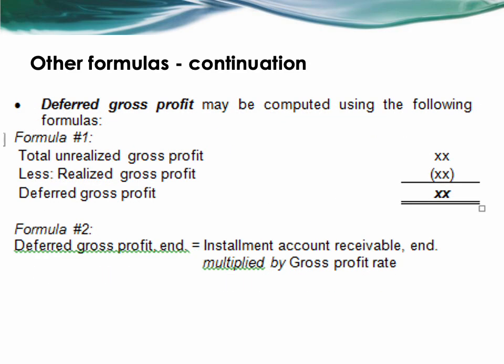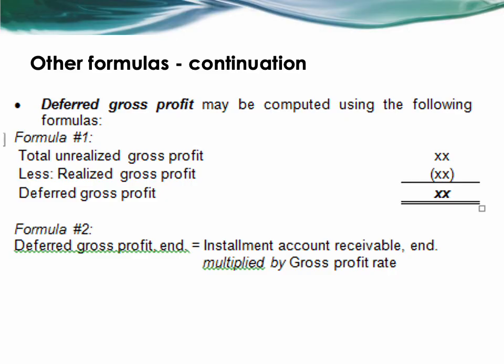We also need formulas to determine the balance of the deferred gross profit at the end of the period. Formula number one is the change in balance. You take the total unrealized gross profit from the start of the period and subtract the realized gross profit during the period.